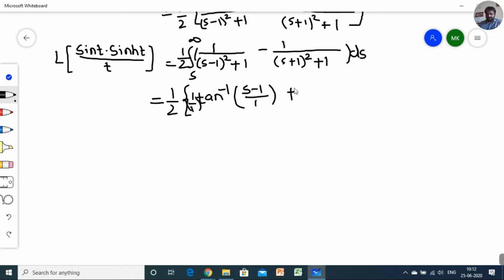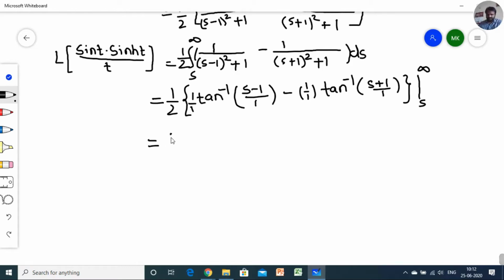Similarly here you have to write minus 1 by a, again you will get 1 tan inverse of s by a. S is considered here as s plus 1, so s plus 1 divided by 1, and the limit is as it is, s to infinity. Please remember s to infinity.